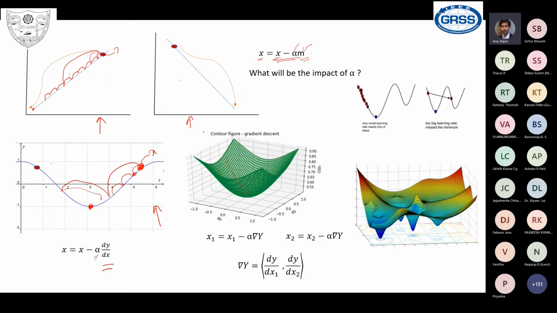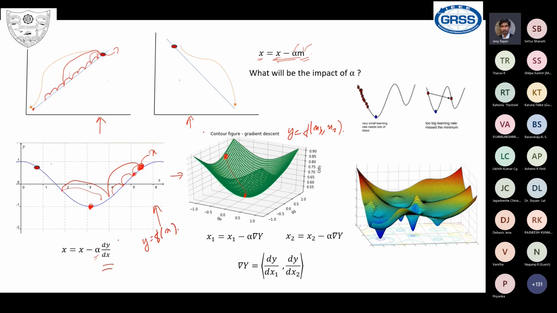Now we are going to take a more complex surface. If you look at the previous curve, y is a function of x, so y depends only on x. In this case, y depends on x1 and x2. Assume we are somewhere here and we have to reach here.